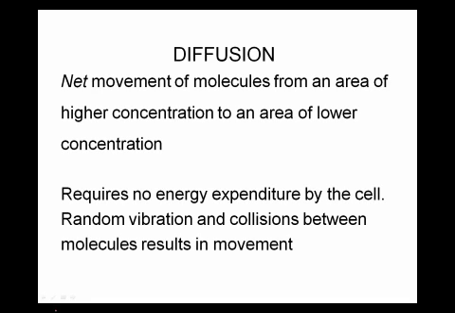The movement is due to just random vibrations and collisions. As molecules move, vibrate, they bounce into one another, they bounce into other things in their environment and deflect. And this random movement causes the molecules to spread out. And so the net change is always going to be movement from high concentration into low concentration. This is just simple diffusion.